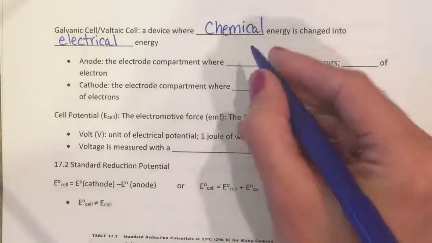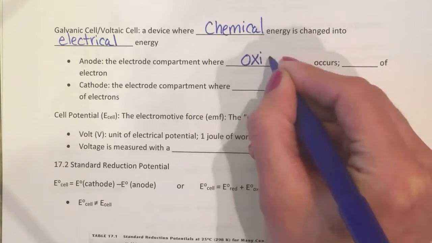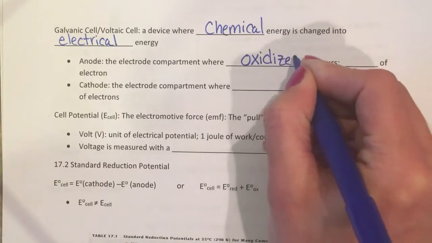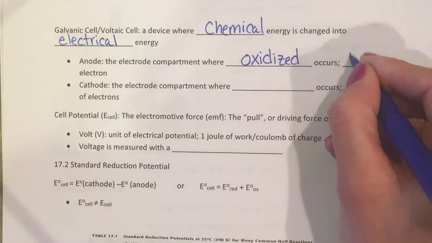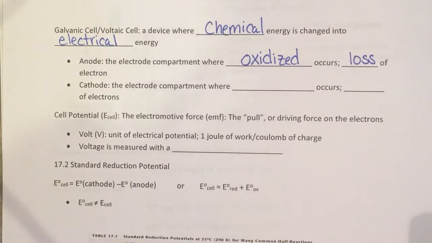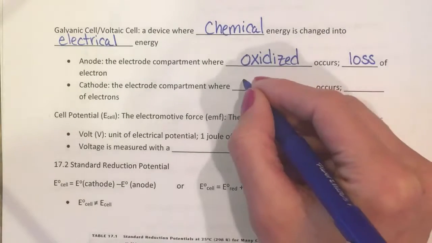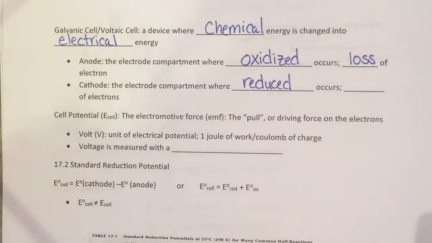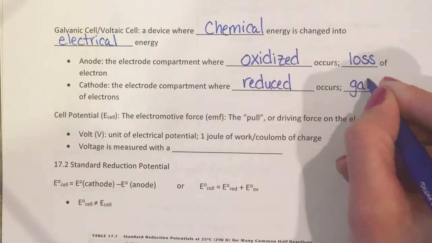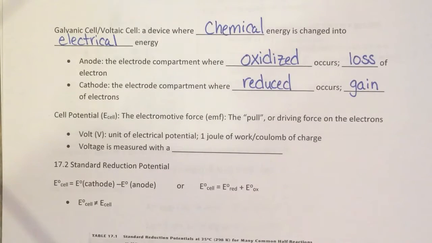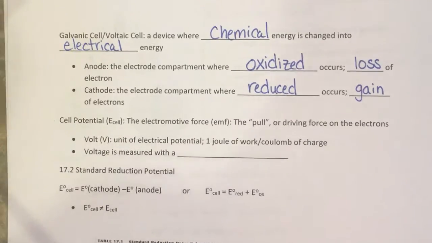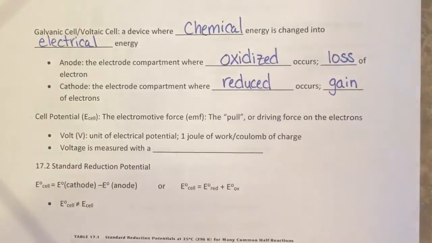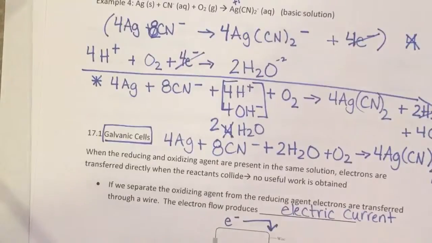My anode is being oxidized, so it's going to lose electrons. My cathode is going to be reduced. It is going to gain electrons. Both things have to happen together, okay? So let's take a look.